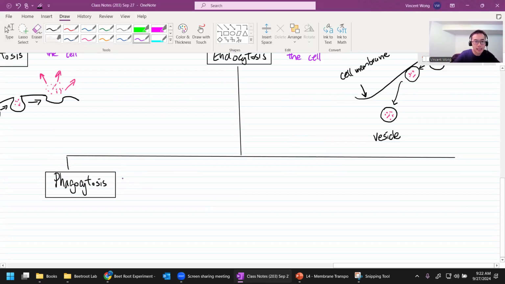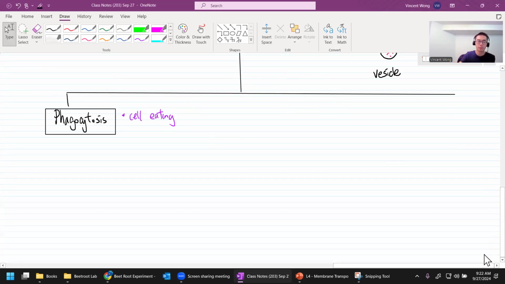So if you translate it, this is called cell eating. So not all cells eat. Only some are able to do this. An example of that would be a white blood cell, or WBC, white blood cell.